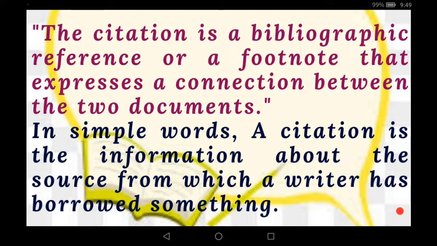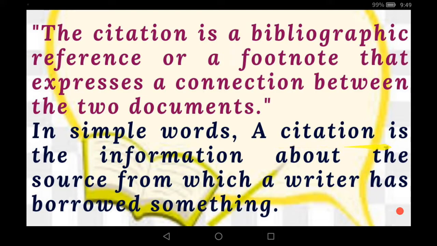Whenever we do research, we obviously take help from some other resources, from some past written material. And when we refer to some other material in our research, we have to point it out with the help of citation.